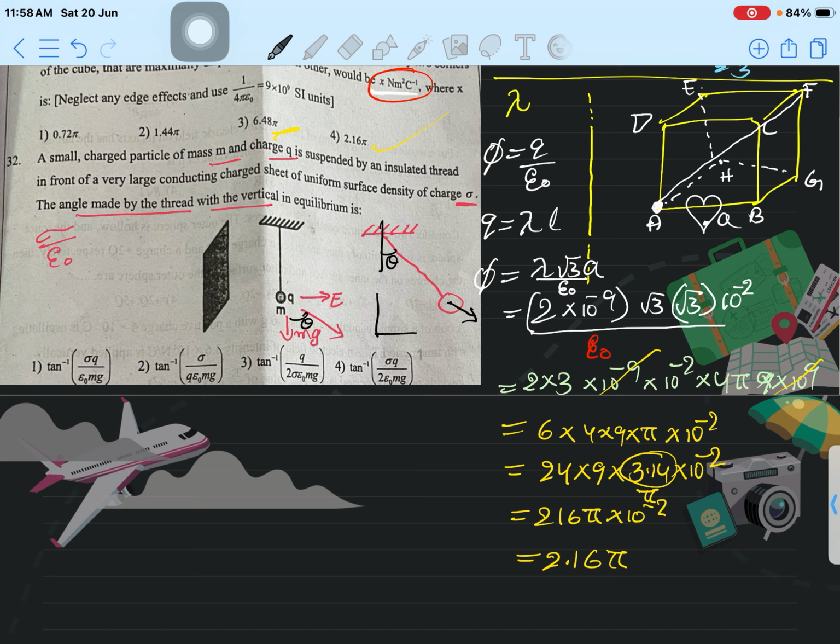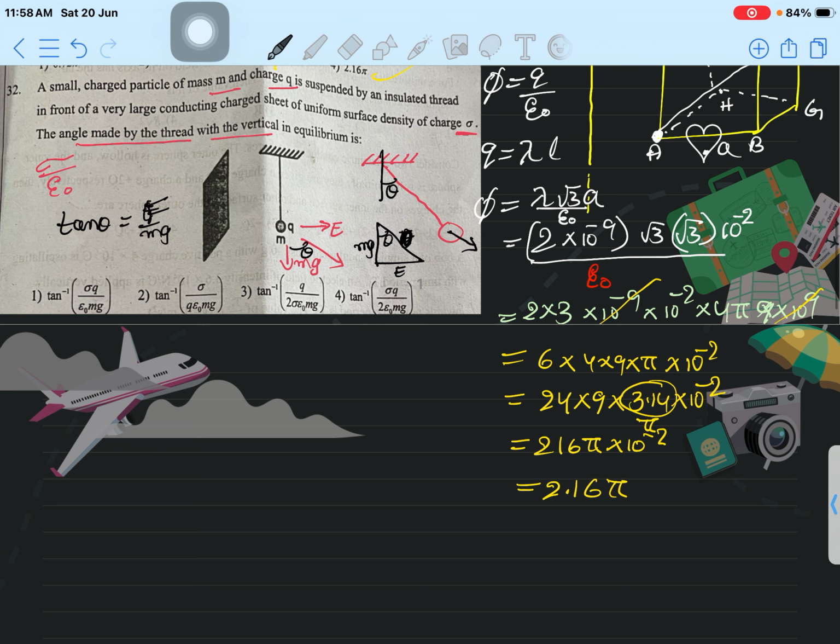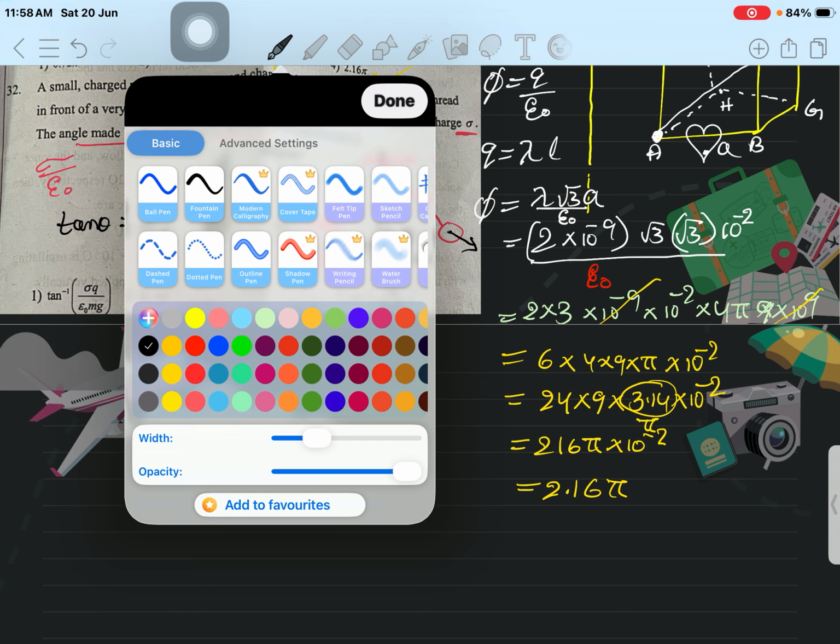Simple. That means indirectly they are asking this angle. So if you construct one triangle, this is electric force, this is mg, and this is the hypotenuse resultant force. But as this is theta, we don't need to calculate the resultant. Simply tan theta is equal to electric force by weight, sir. But what is electric force? How do we get electric force, sir?